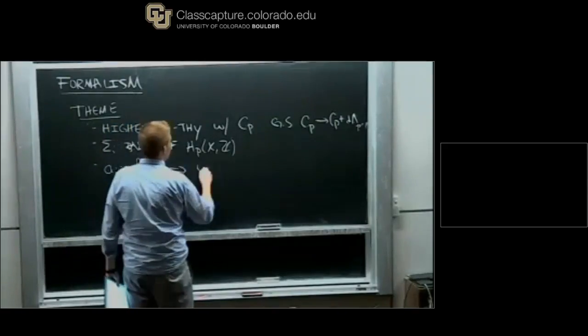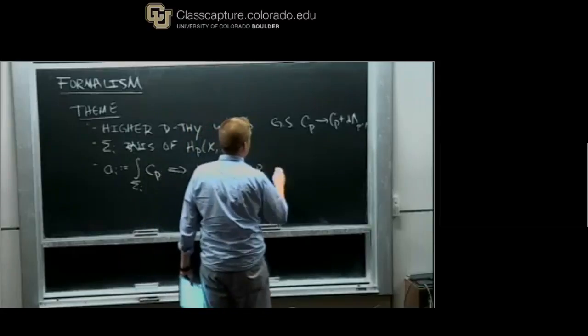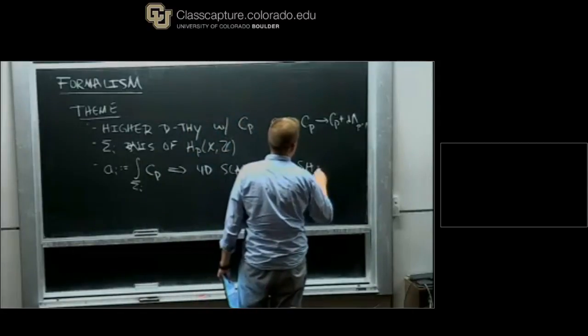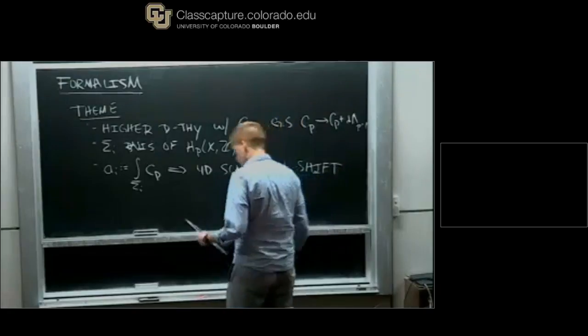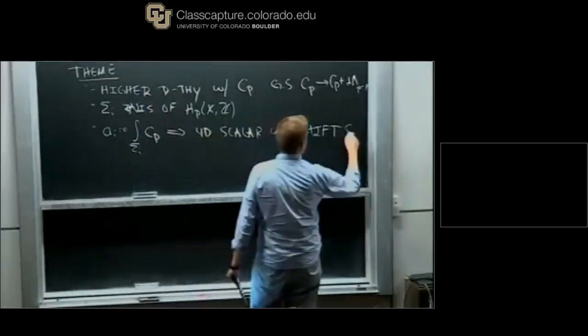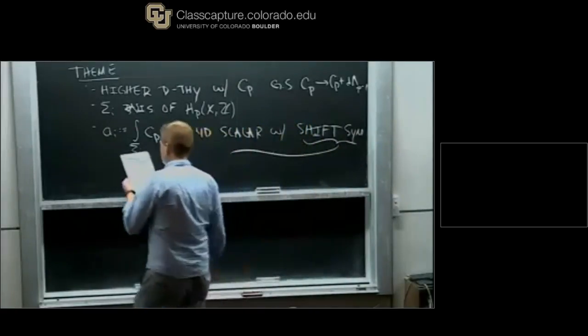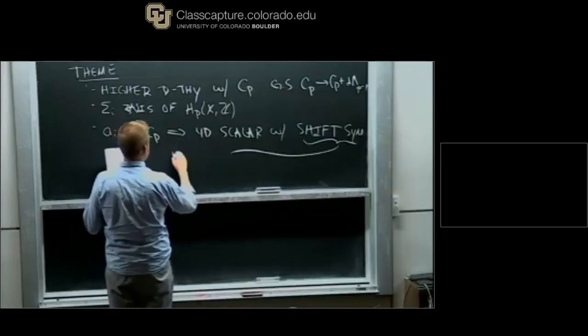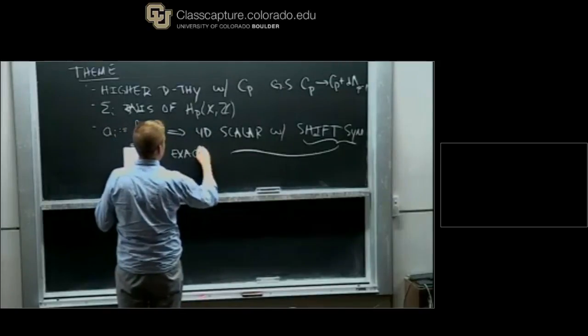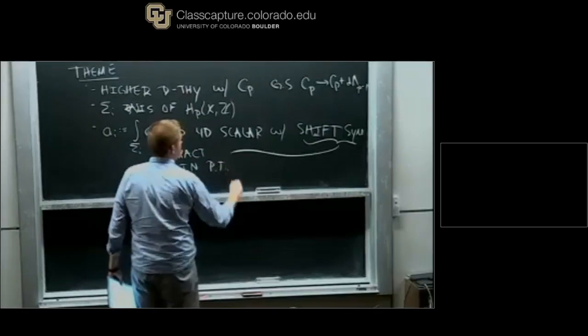And this gives you a 4D scalar, assuming I'm compactifying to 4D, with the shift symmetry. And this symmetry is exact in perturbation theory. But it can be broken by instantons.